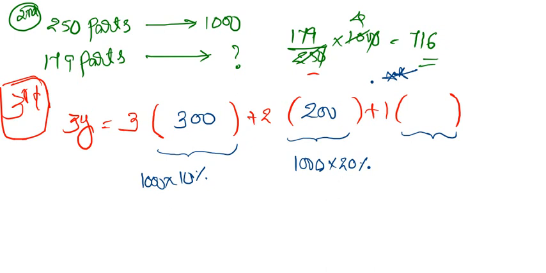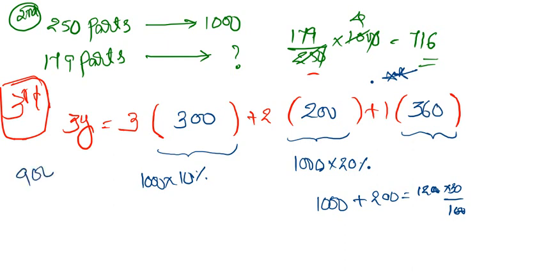So that is this 1000 plus 200, that is 1200. 1200 of 30%. This is what we do. So 12 times 3 is 36. That is 36. Now 900 plus 400 plus 36.